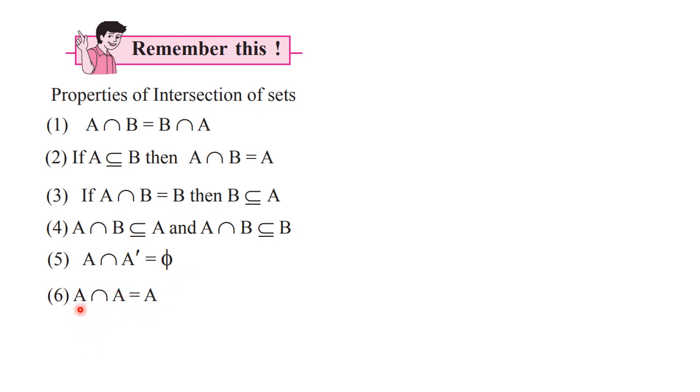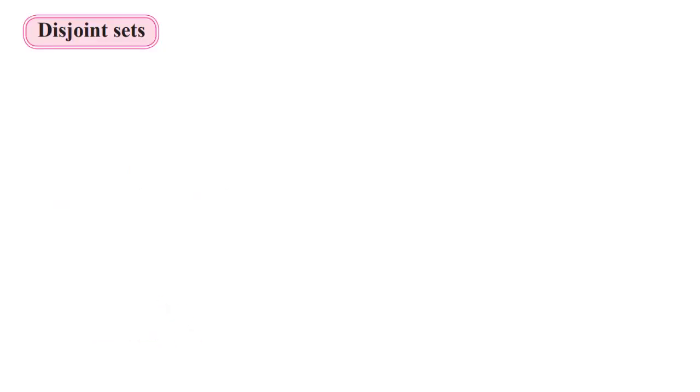So if we take the intersection of the set with itself, then it is that set only. Next, A intersection null set is null set. It's obvious that null set means no elements. So in the intersection there will be no elements. Okay, so in this way you can have these properties.